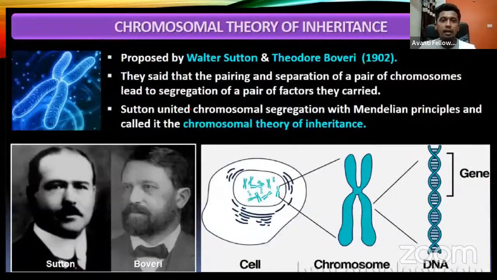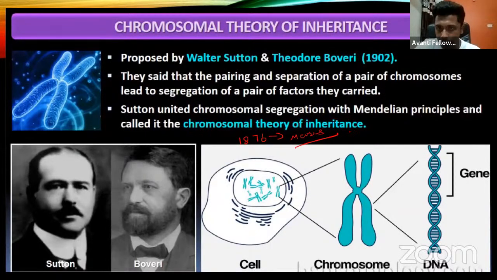Once the Mendelian work was republished, the scientific community was growing way faster. Exactly in 1876, something miraculous happened, that is meiosis. Meiosis was discovered.